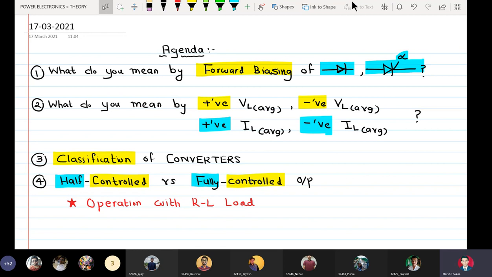So before I define what is actually the meaning of forward biasing of unidirectional devices, I want to know some definitions from your side. If we get the correct definition, I will not explain. If I feel the definition is incorrect, I will correct it, or if it is partially correct, I will still correct it.